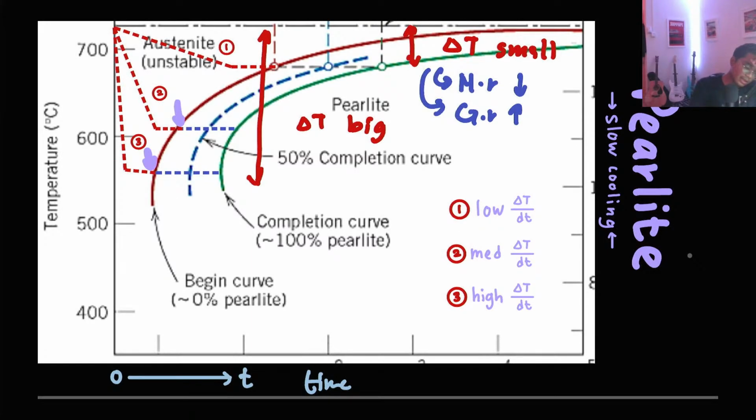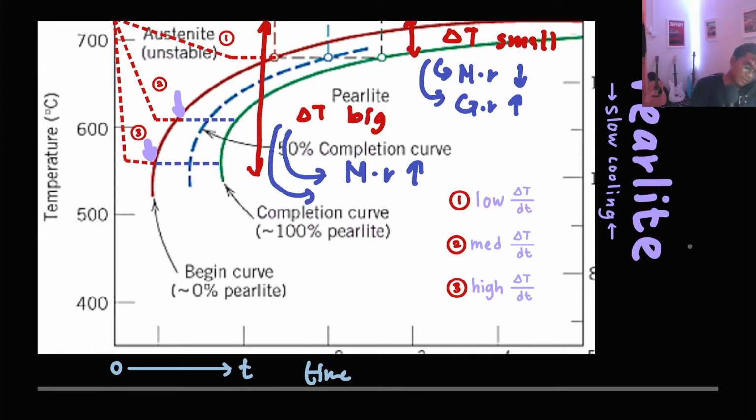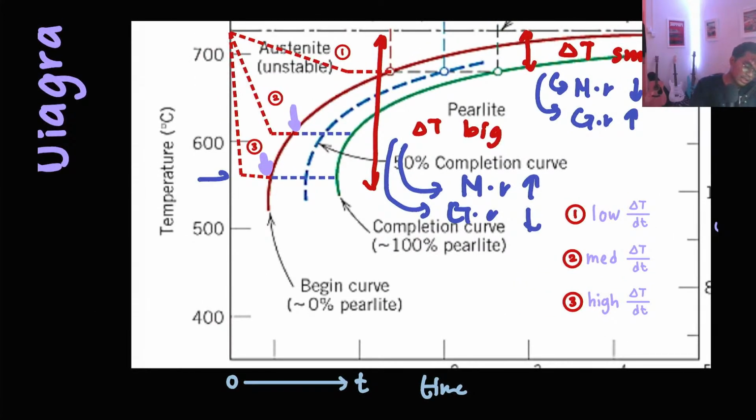When the delta T is big, the nucleation rate is higher, but the growth rate is lower because it is operating at a lower temperature. T2, let's put here T3, also T1.